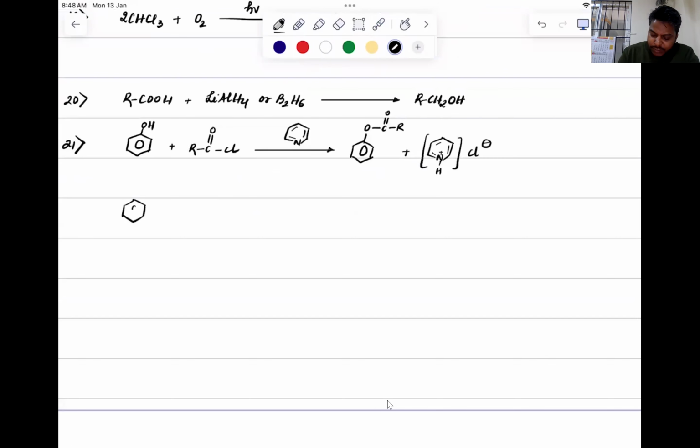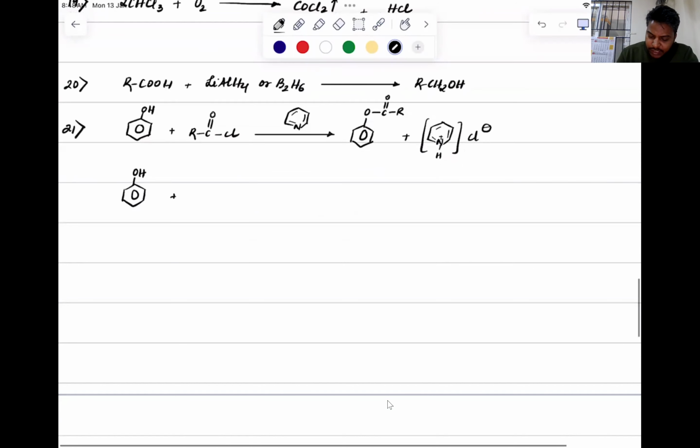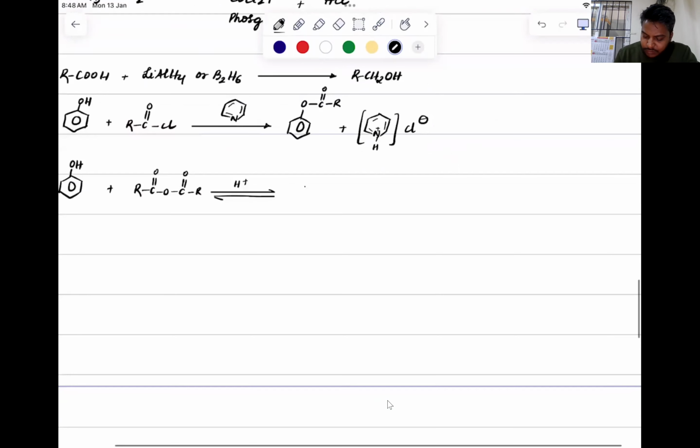Now, in the same sense, phenol reaction they have mentioned as anhydride RC double bond O C double bond O R, clear, in the presence of H plus. So what is the product you will get?